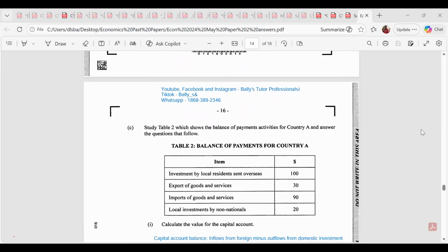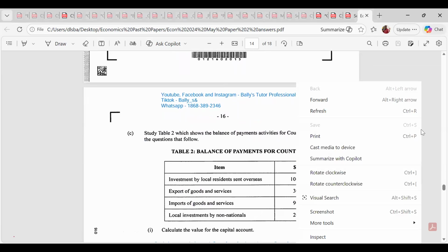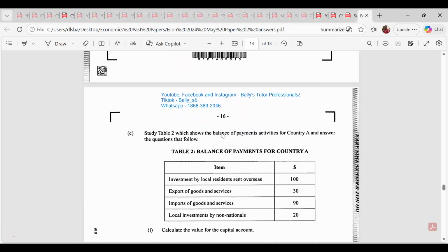And here they give us a table, study table 2, which shows the balance of payments activities from country A, and answer the questions that follow. They ask us to calculate the capital account.